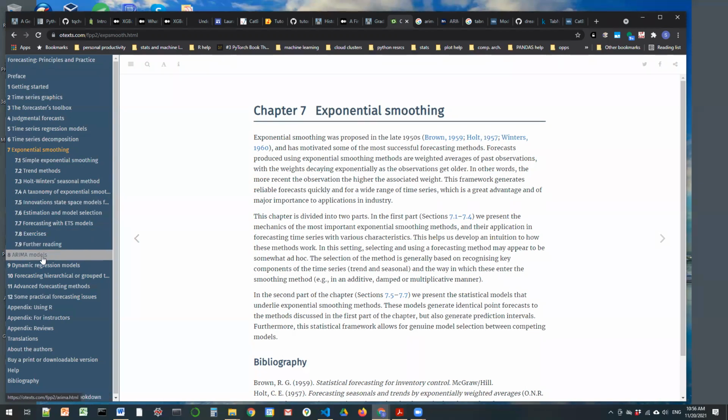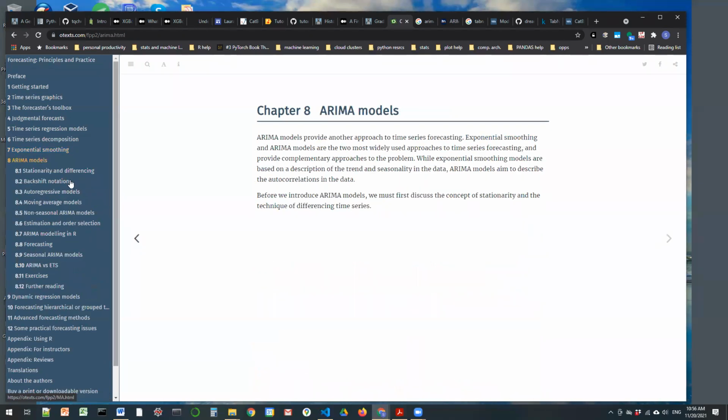And then there is this whole thing of what are called ARIMA models, which it turns out the term just means autoregressive integrated moving average models. And there's a whole bunch of terminology corresponding to these models that you could potentially use, and they show examples of Google stock forecast, for example.